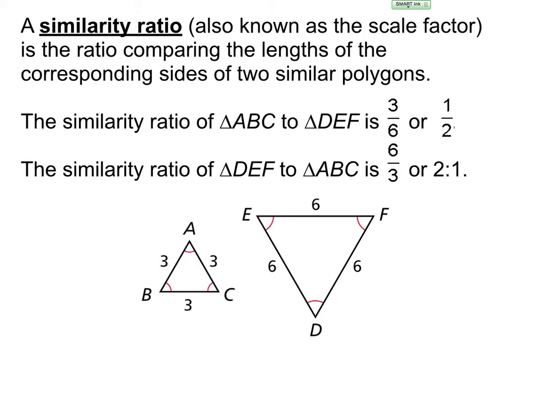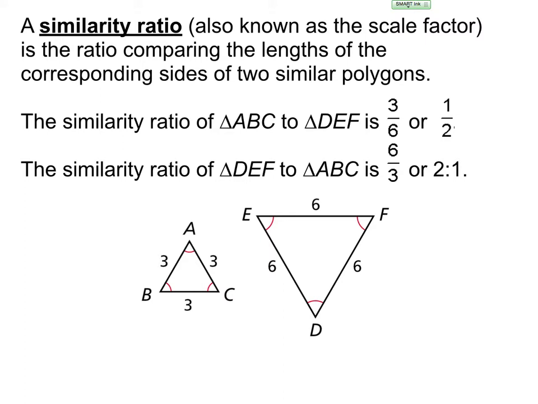It really doesn't matter which ratio you use to figure out the similarity as long as you're matching up the sides correctly, because all of those ratios reduce to be the same.